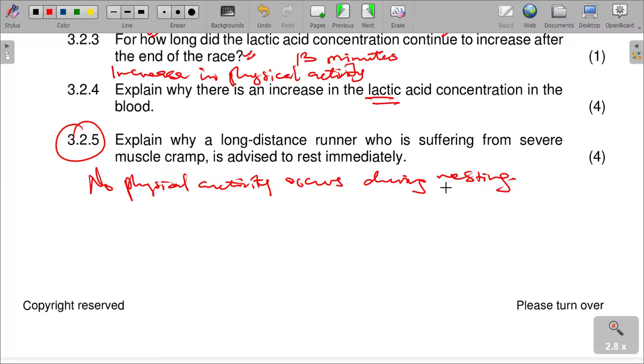Therefore, less glucose is required to be oxidized.